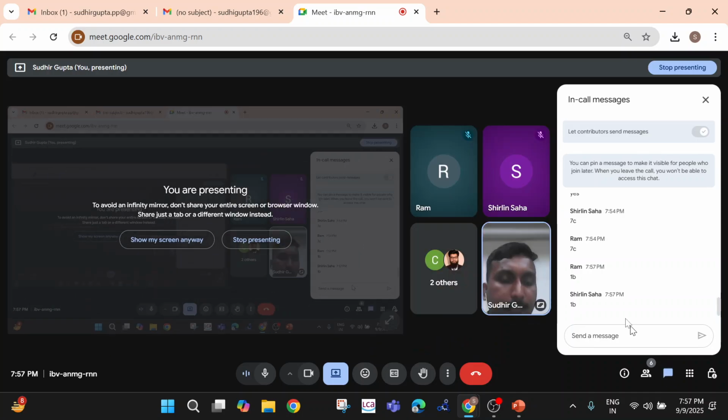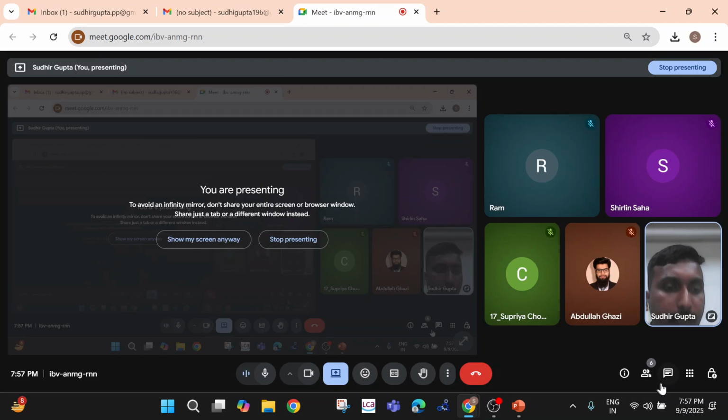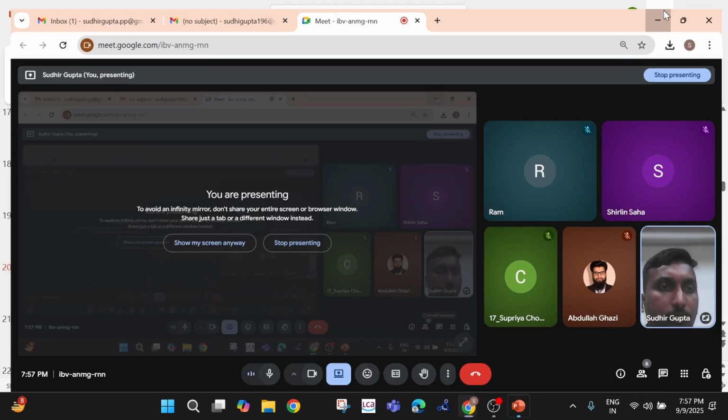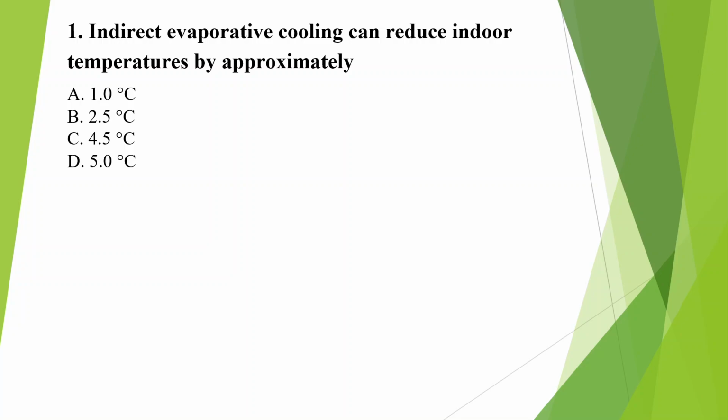So here, as I can see, Ram was the first to answer, and he has answered option B, and others have also answered it correctly for this particular question number 1. 2.5 degrees Celsius is the correct answer.